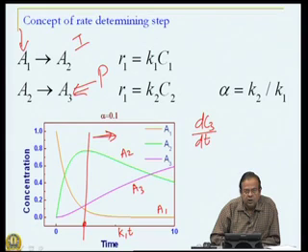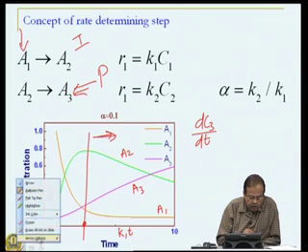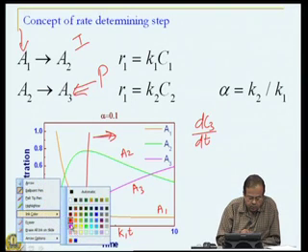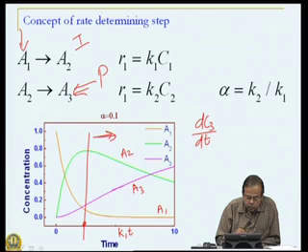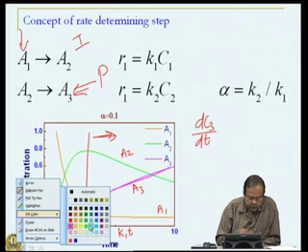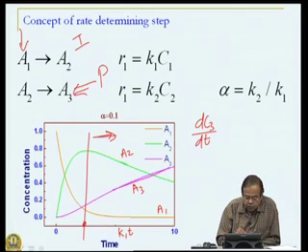We see that the rate of appearance of A3, that is this violet line over here, is almost similar to the rate of disappearance of A2.